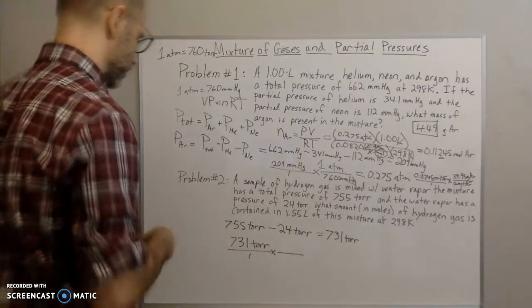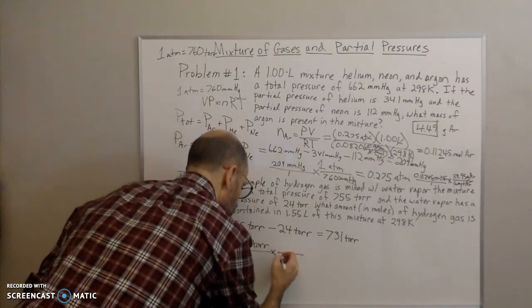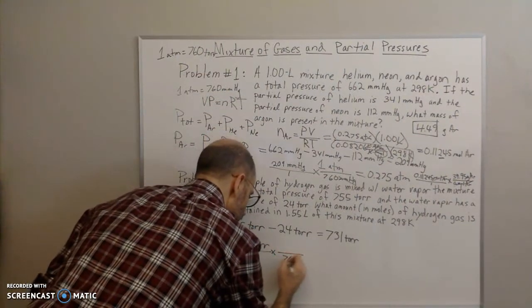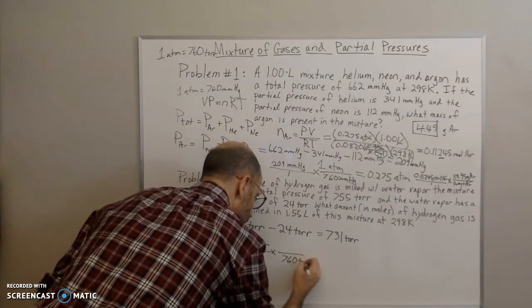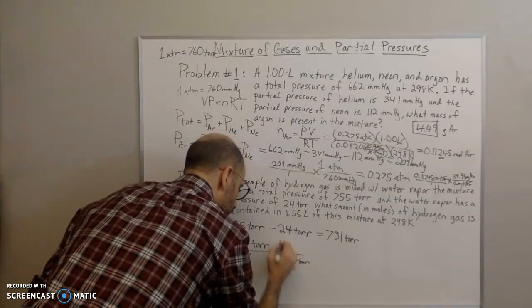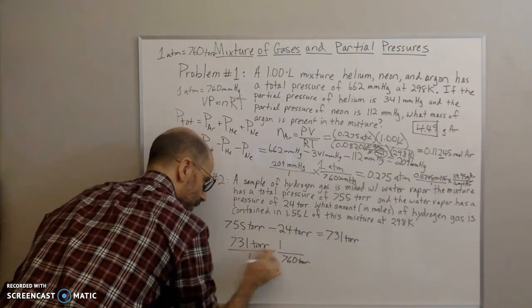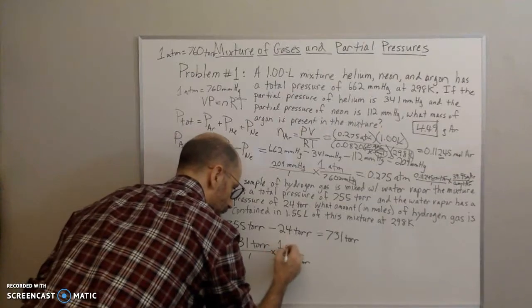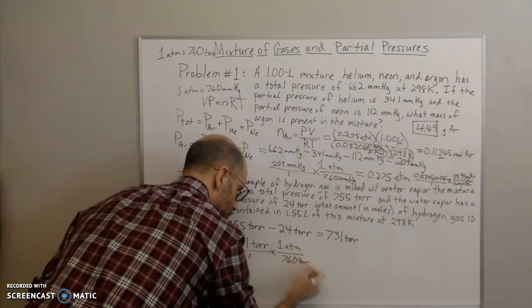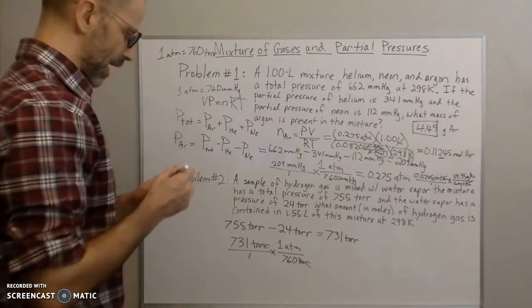So it's the same thing. So 760 torr on the bottom, so I cancel out torr on top. And then I have 1 atmosphere on top. So the torrs cancel out and I have atmospheres.